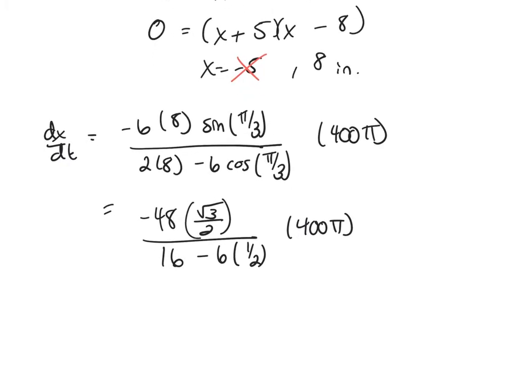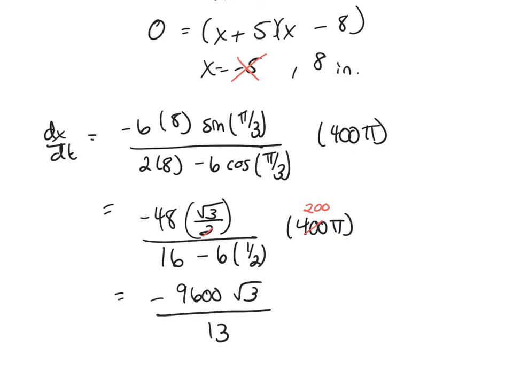So in the numerator, the 2 will turn this into a 200 times negative 48, so you get negative 9600 square root of 3 over 13.